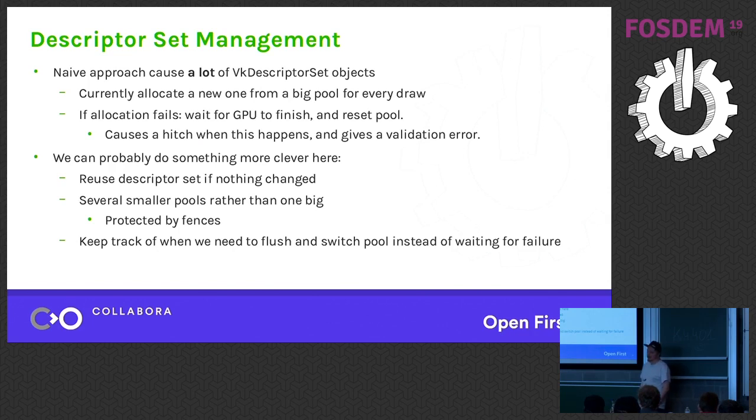That's obviously not a great idea, and it causes some validation errors and some frame rate hiccups. So it's probably better to have multiple smaller pools and keep track of how many descriptors we've used from there, and use some fences to automatically wait if the next thing wasn't finished yet on the GPU.